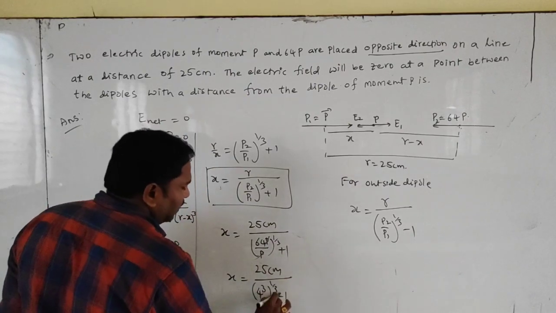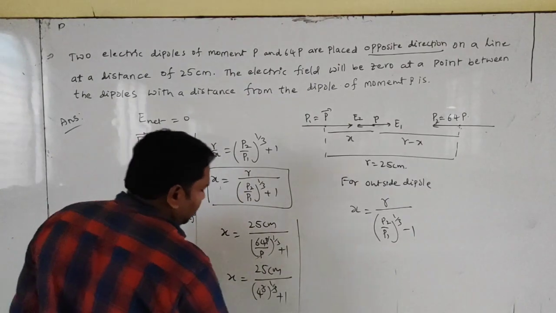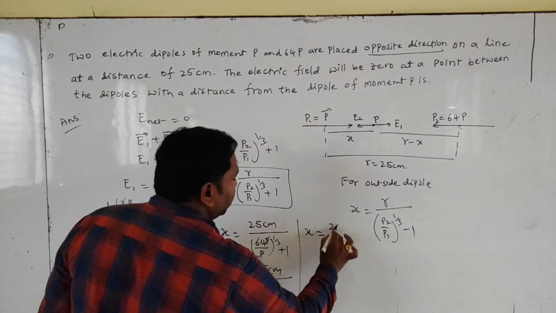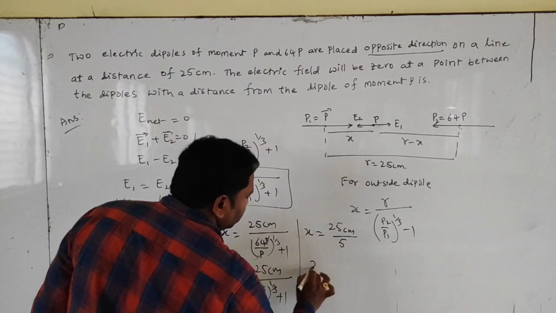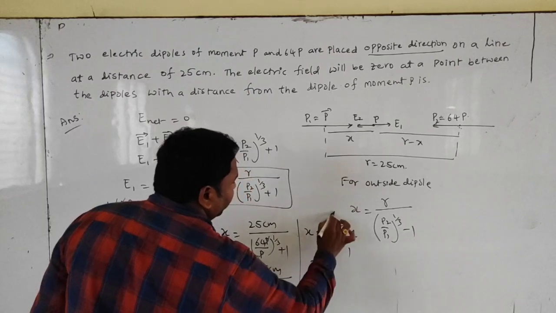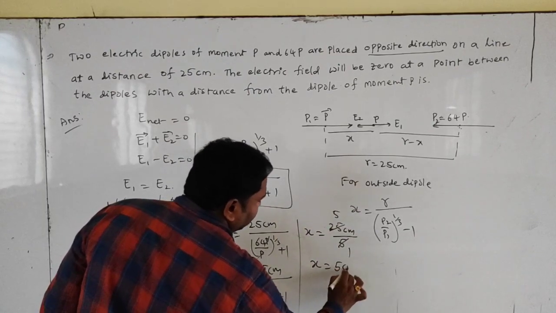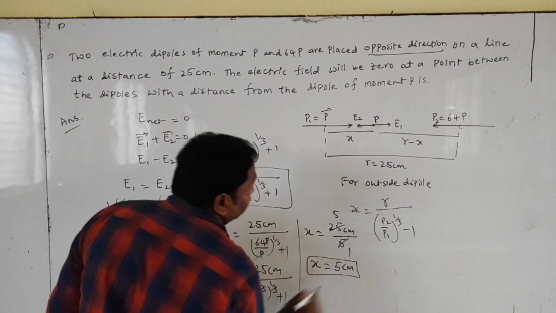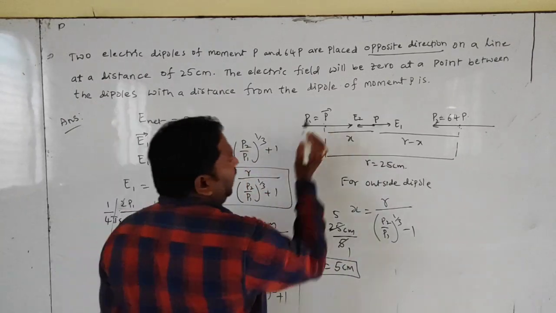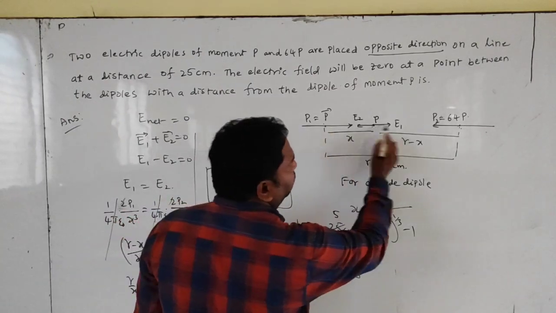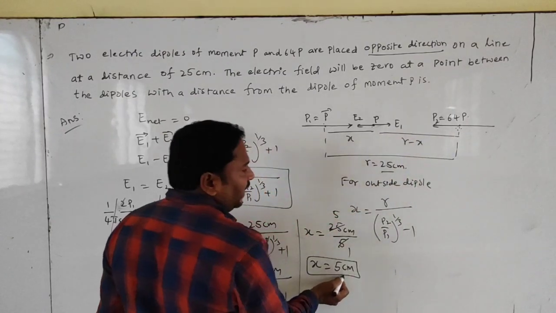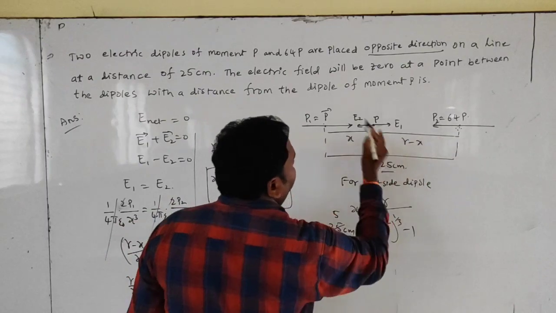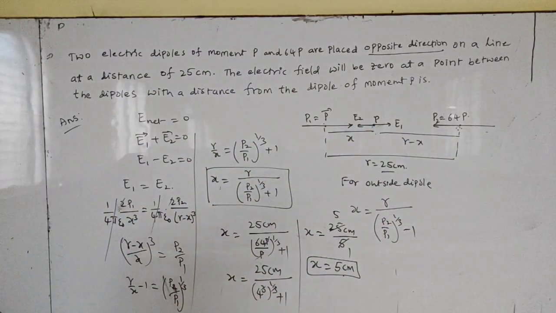It's a plus 1. So the cube cancels. Now x equals 25 centimeters by (4 plus 1), 5. So x equals 5 centimeters from p. Now what is the null point formed from 64p? This is 25 minus 5. So it forms at 20 centimeters.